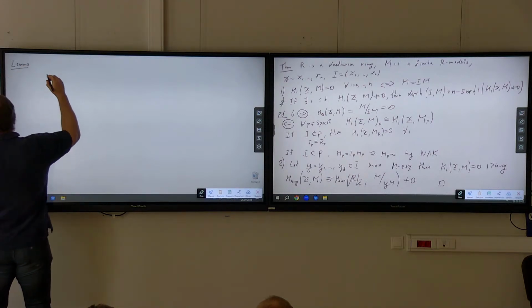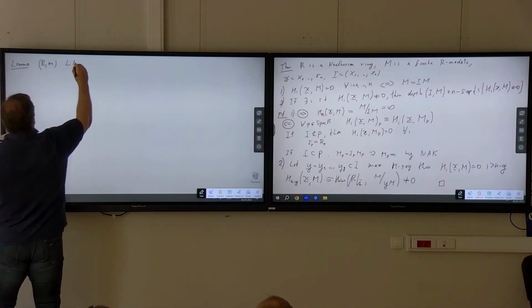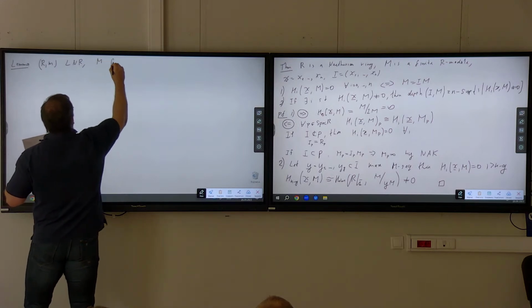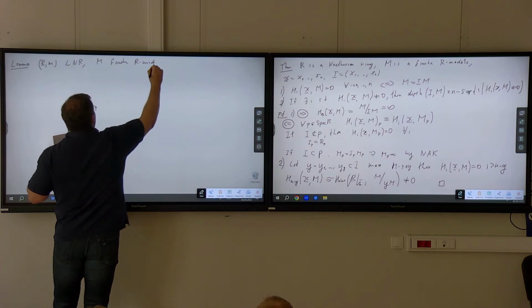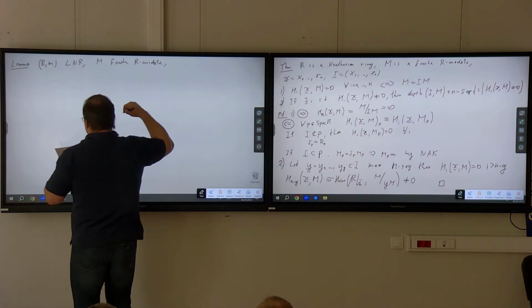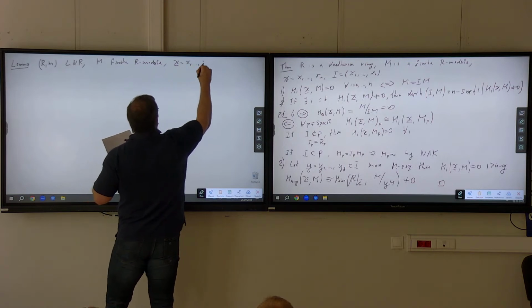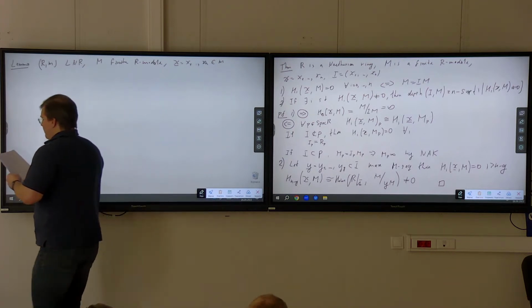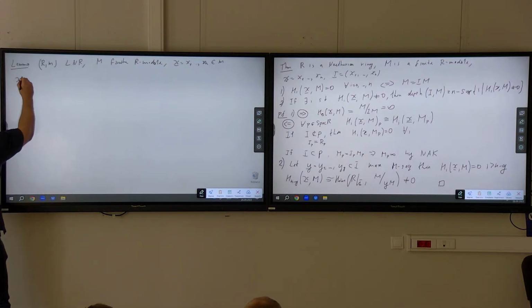So even more special case, I have a local Noetherian ring. I find that our module, a sequence, as usual, and the maximal ideal, of course. And I have this kind of truncated sequence, x prime.